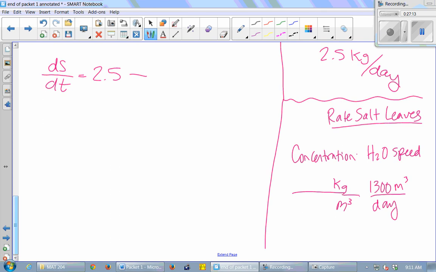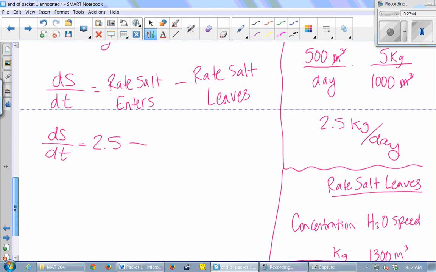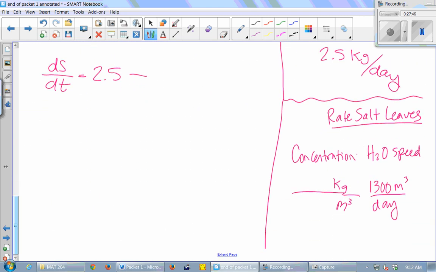So how many total kilograms of salt are in the pond at any given moment? We don't know. That's what we're trying to find, right? S of T is the amount of salt in the pond. So that's what goes on top here, S.